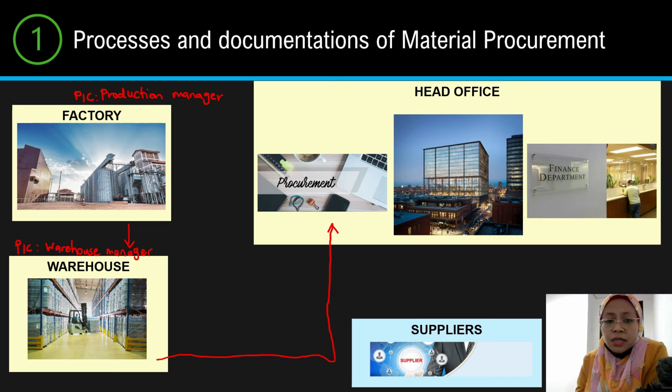So in the procurement department, we have a procurement manager. Remember, when a warehouse manager requests the item from the procurement manager, the warehouse manager will fill up a form called a purchase requisition form.